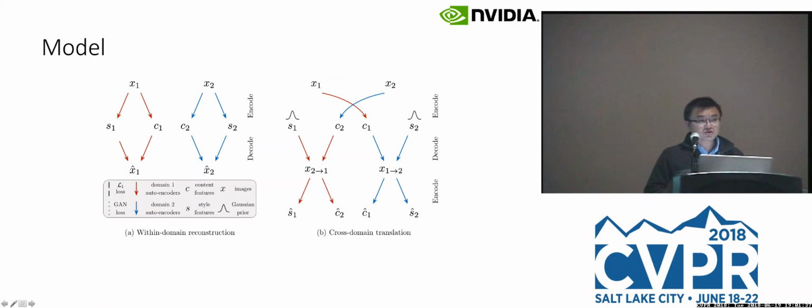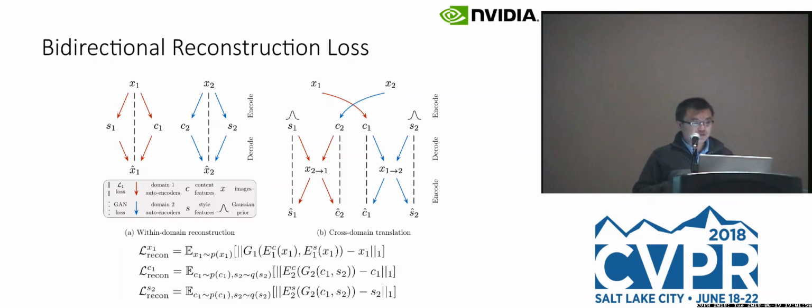Now, we also reconstruct the latent codes. So we reconstruct the C1, which is used to control these images, and also the S2. Okay. Now we use something called bidirectional reconstruction loss. It's bidirectional in the sense that we not only reconstruct images, we also reconstruct the latent codes.